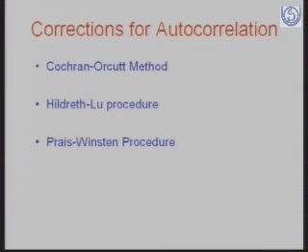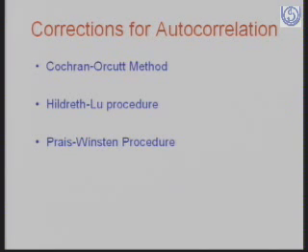Thus we discussed what the problem of autocorrelation is: when certain assumptions in the OLS model are violated, we get the problem of autocorrelation. Then we discussed how it is detected, particularly by certain features.